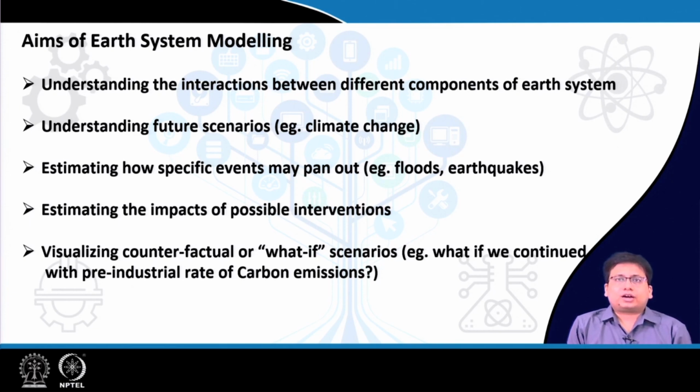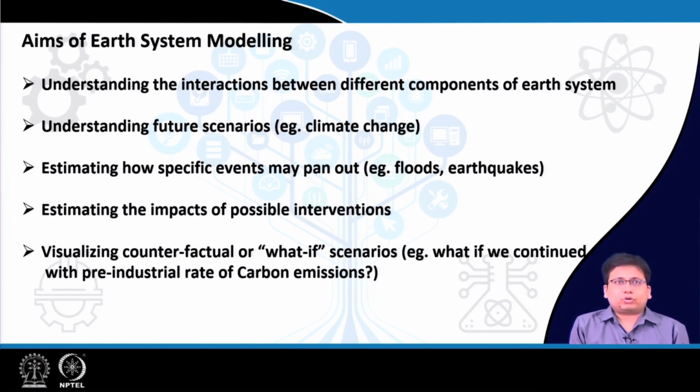These models are run for several years or decades into the future, and they give us some idea about how the world's climate might be in 2050 or 2080. Of course that depends on certain extraneous variables, like how much carbon will be emitted by human beings, depending on the amount of industrialization or urbanization we achieve, or whatever technologies we adopt. Those are the extraneous variables to the model, but under different scenarios related to emissions, these models try to give us an idea about what the future climate may look like.